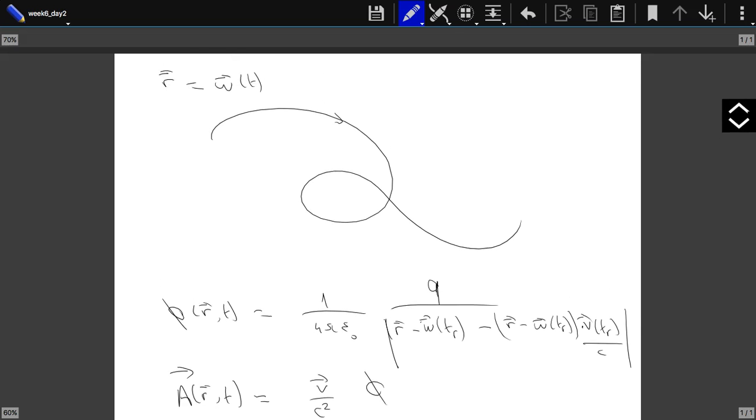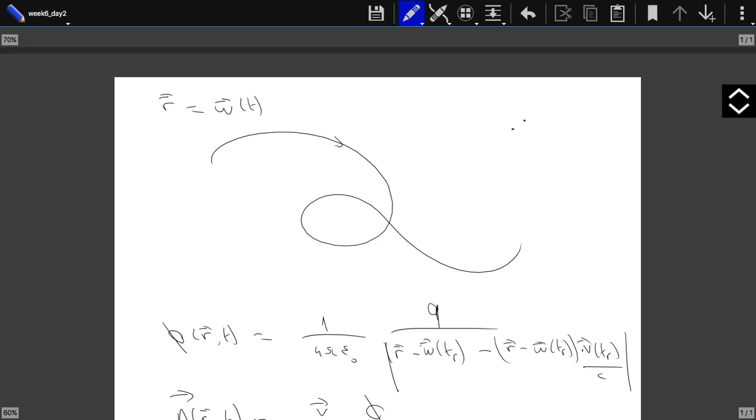Now, what are these numbers? Let's say we are looking at the potential at this point r and t. The contribution to that potential will be due to my charge when it was at the point omega of t_r. This is the point r prime. This distance is r minus r prime. So this t_r, the signal takes that time. We are looking at the time t.